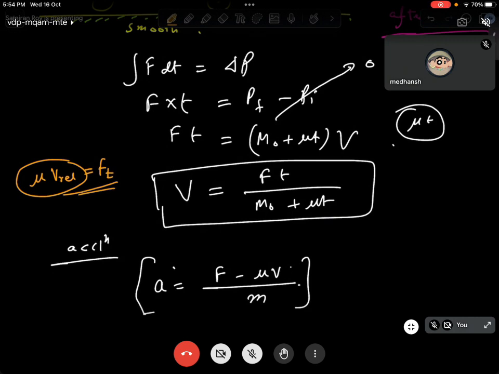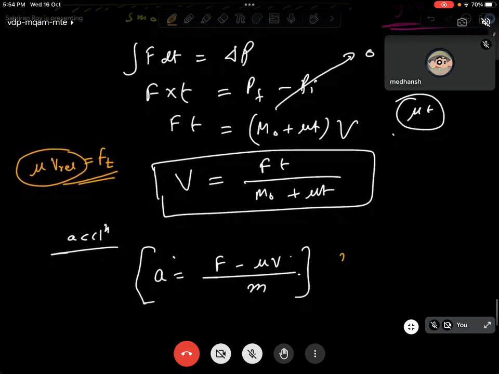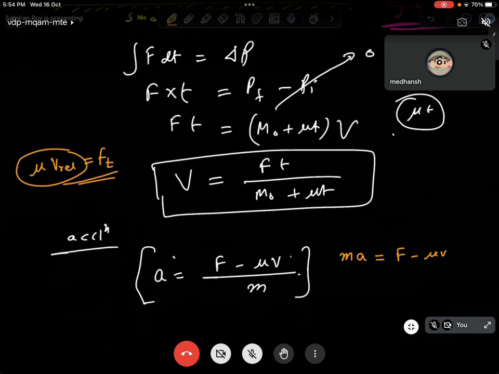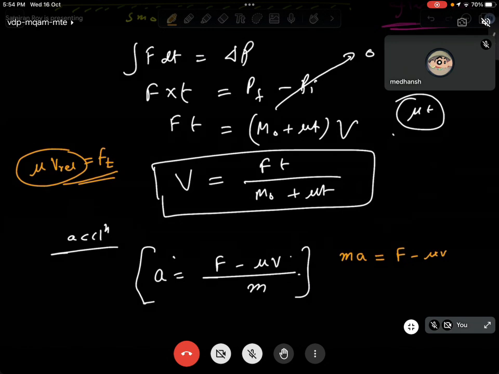Now here mass into acceleration will be equal to total force minus mu into v, thrust force. Why minus mu v I am doing? Because when mass falls on the cart, I need to give more force if I want to maintain its velocity.